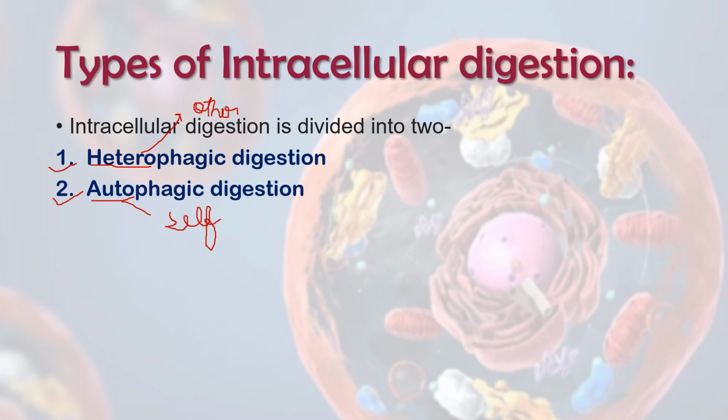So in heterophagic digestion, the lysosomes break down the molecules that are brought into a cell from the surrounding via the process of endocytosis. So this is a cell and this is the foreign stuff. This gets endocytized from the surrounding, and then the digestion with the help of lysosome takes place.